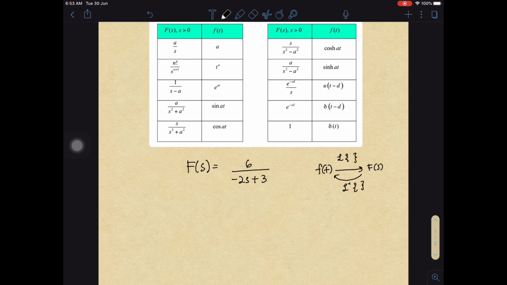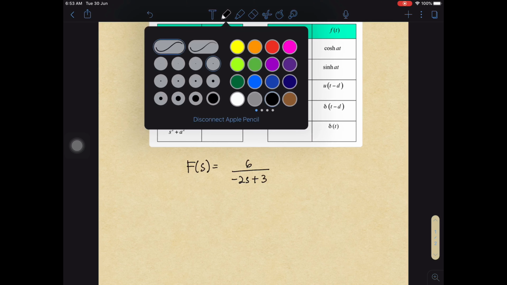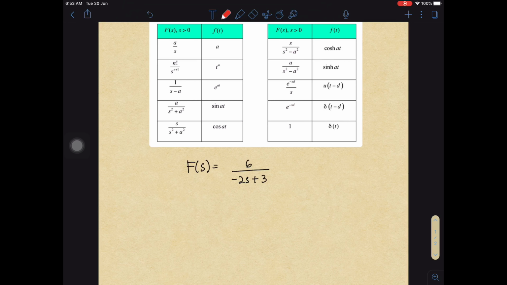So now we want to do the inverse Laplace transformation on F(s), where F(s) is equal to 6 over -2s plus 3. How do we do it? You need to look at the denominator part.